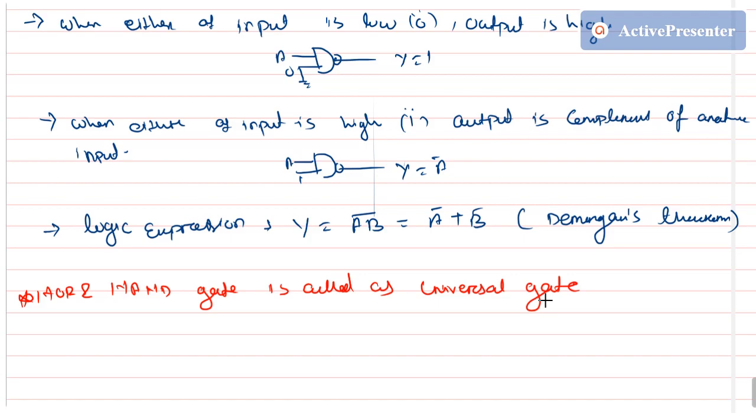This is one of the important topics, the universal gate, because in a GATE exam, they will be giving a circuit or a Boolean expression, and they will ask you to draw the logic gate diagram using NAND gate only or using NOR gate only. So you need to know how NAND gate can be used to implement any Boolean expression. That will be an important question for you.